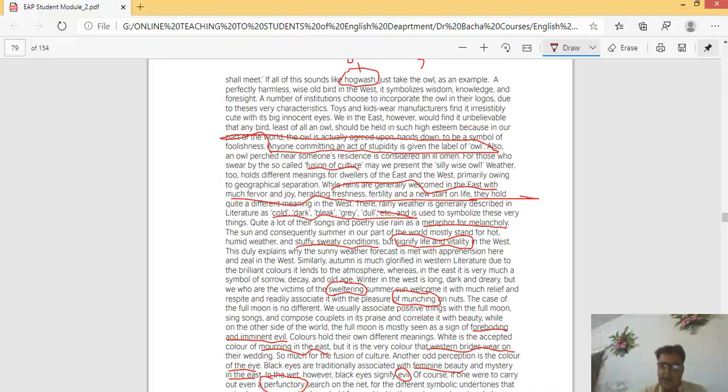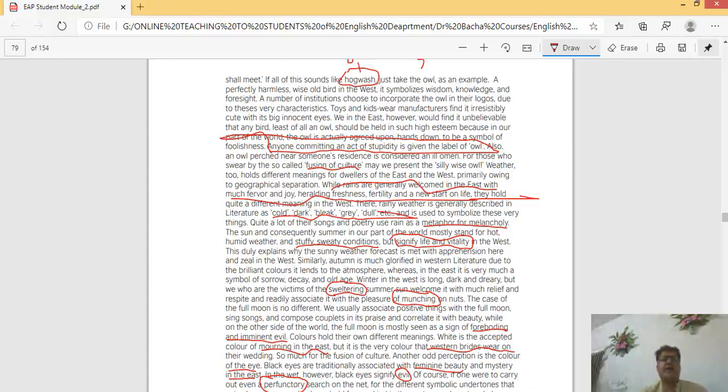Similarly, rain is also a symbol which is perceived differently in both parts. In the east, rain is considered a welcoming and refreshing thing that gives us relief from heat.